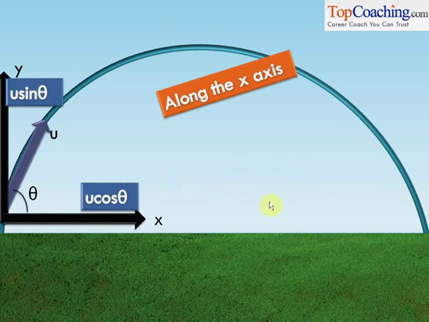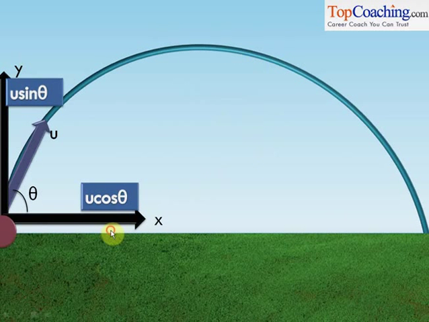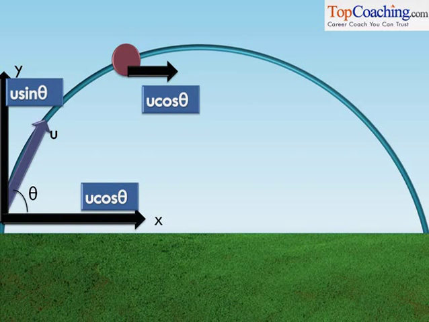Let's first find out what happens to the particle's velocity that's parallel to the x-axis. You see, when this particle is projected, there is no acceleration or deceleration along the x-axis, isn't it? The only acceleration is vertical. It's along the y-axis. Therefore, the velocity of a projectile along the x-axis does not change.